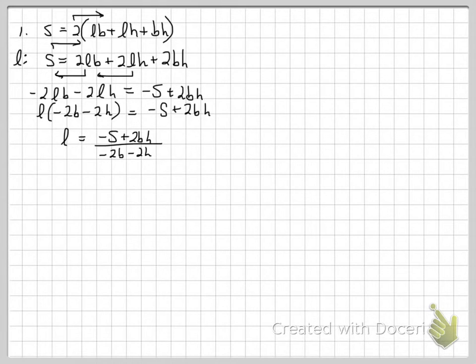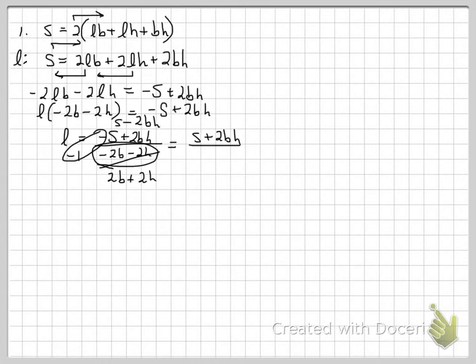By that I mean that I've got this here with two negatives, so I'm going to pull the negative out front, changing this to 2b plus 2h. Now I could also clean up this, combine these two signs if I want, by changing this to s minus 2bh. So there's several varieties that you can do this, but I like that one. So now I'll get s plus 2bh all over 2b plus 2h.